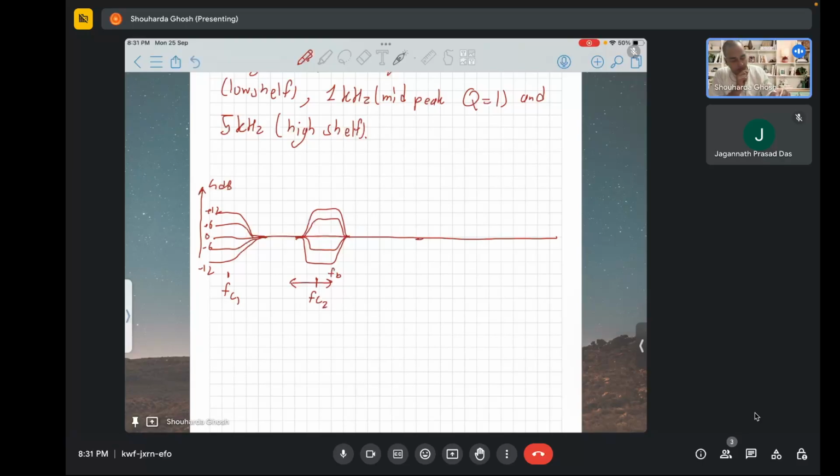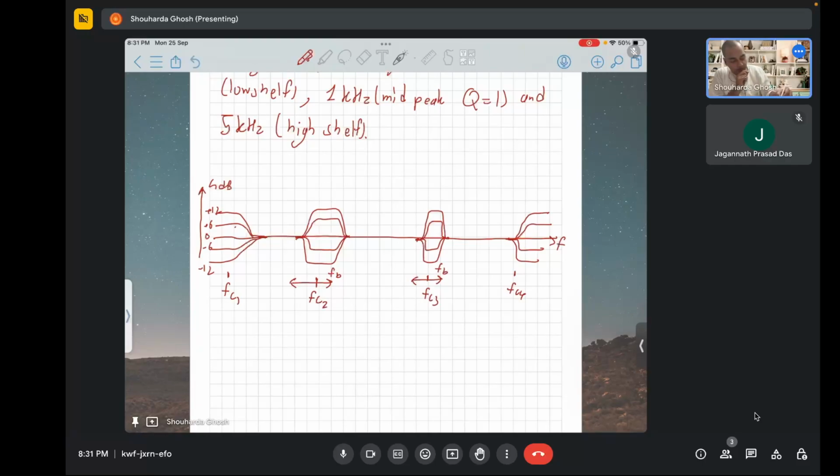Similarly, you have another mid peak range, and here also you have the same choices of gains. This also has a peak at fc3 center frequency, bandwidth fb, and a high pass filter with cutoff fc4, frequency versus gain plot. So 1 2 3 4 5, 1 2 3 4 5.